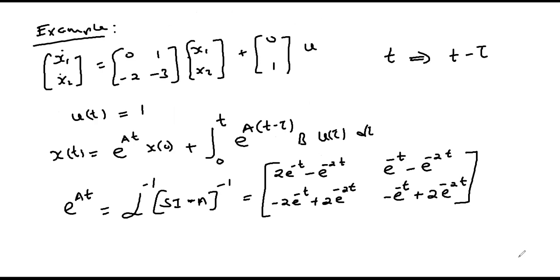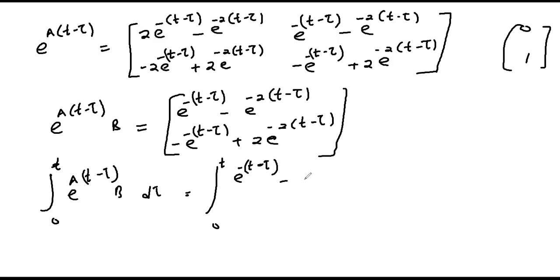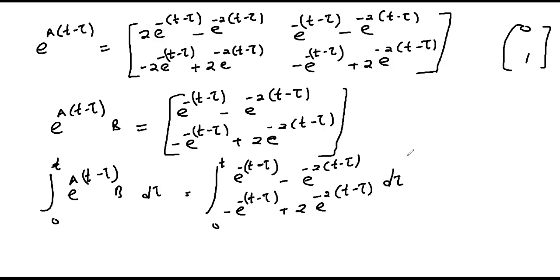So we integrate, therefore the integral from 0 to t of exponential a(t minus tau) b d tau will be the integral from 0 to t of exponential minus (t minus tau) minus exponential minus 2(t minus tau), then negative exponential minus (t minus tau) plus 2 exponential minus 2(t minus tau) d tau.